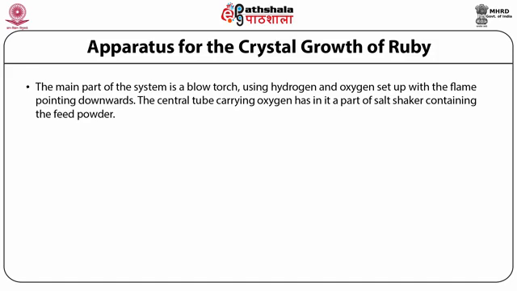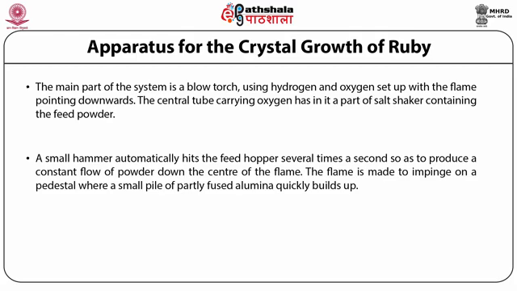The central tube carrying oxygen has in it a sort of salt shaker containing the feed powder. A small hammer automatically hits the feed hopper several times a second so as to produce a constant flow of powder down the center of the flame.